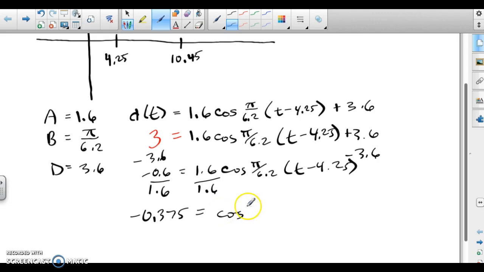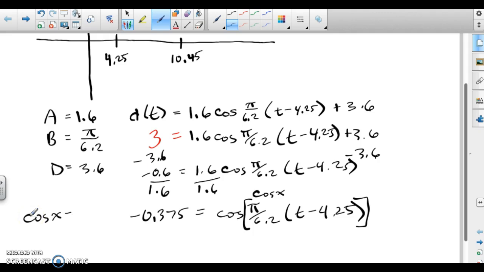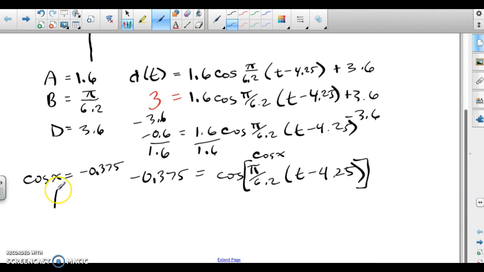And we said in class that once we get to this step, you can really just treat all of the stuff inside cosine as x. So at this step, we should be thinking, when is cosine equal to negative 0.375? And you would be drawing the unit circle here and saying, I know that cosine is a negative value when we are in quadrant 2 and quadrant 3.